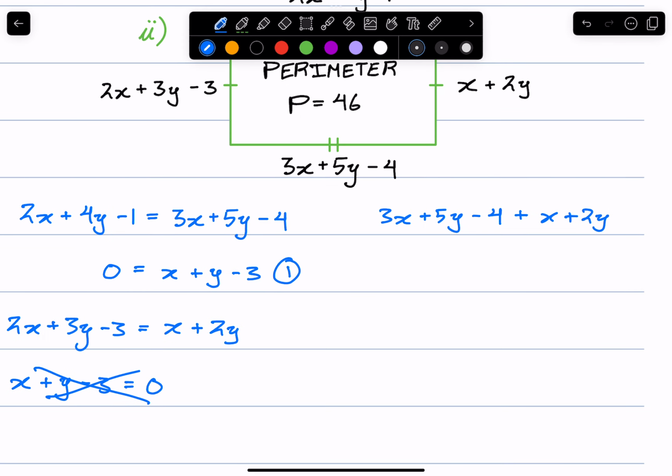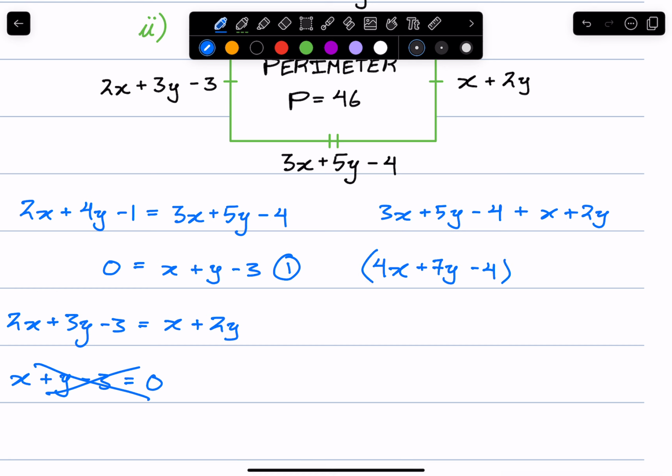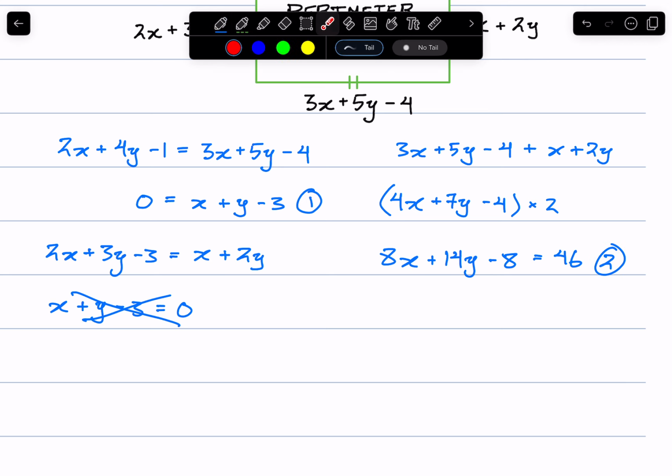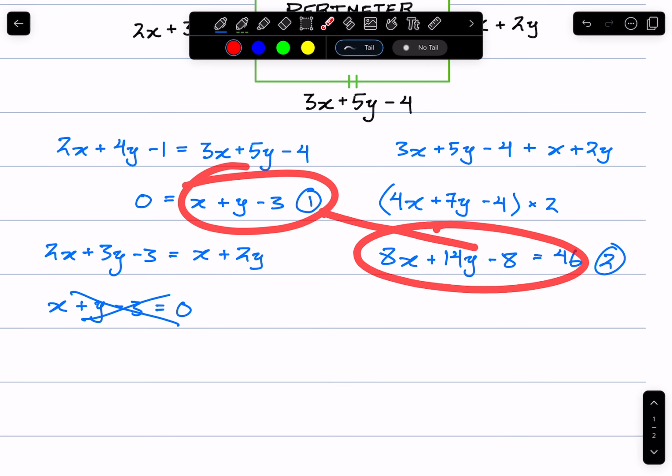Running out of space here. So for this, I'm going to go with 4x plus 7y minus 4. I'm now going to double this to get me 8x plus 14y, sorry, minus 8. And this perimeter should equal 46. And there we now have our second equation. So we can let this now equal this.